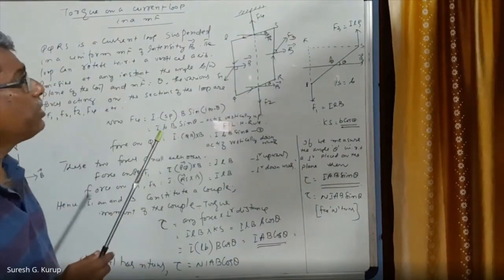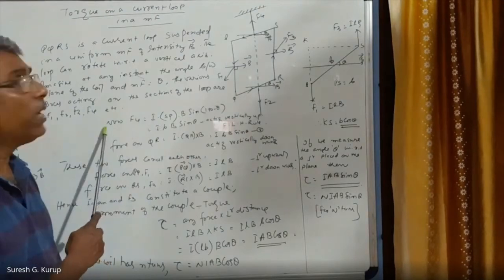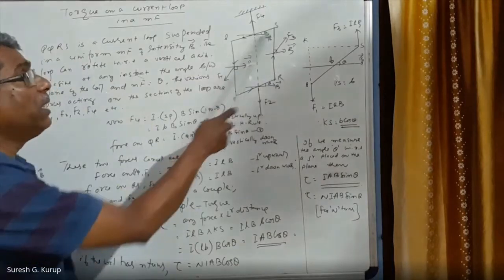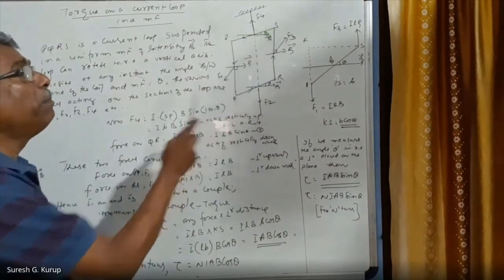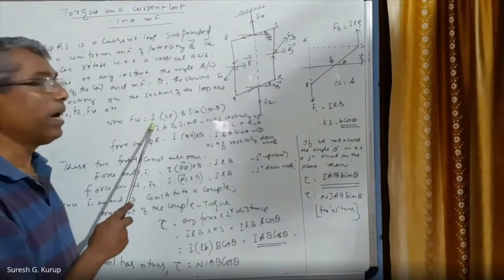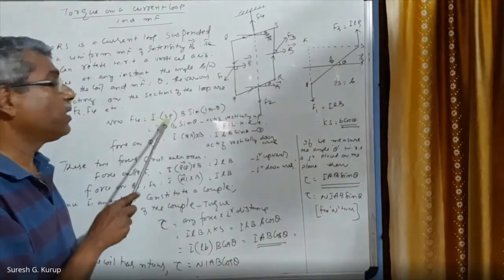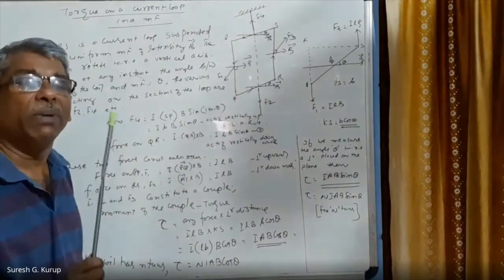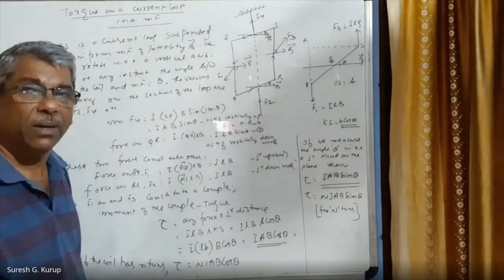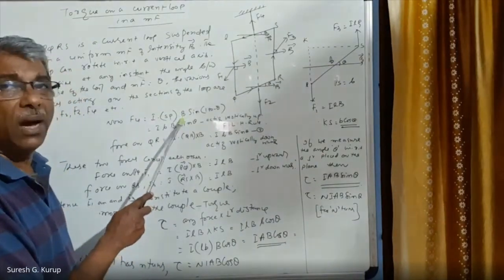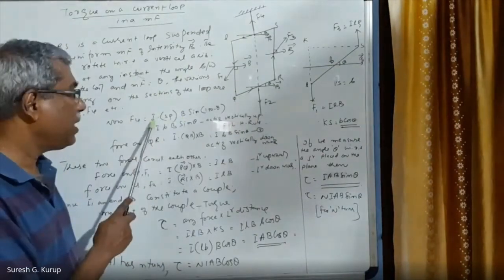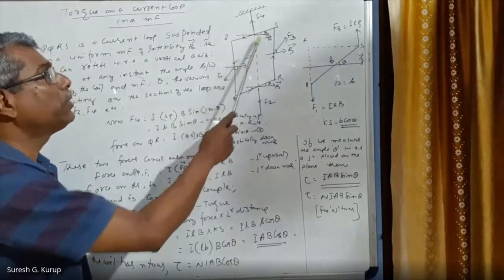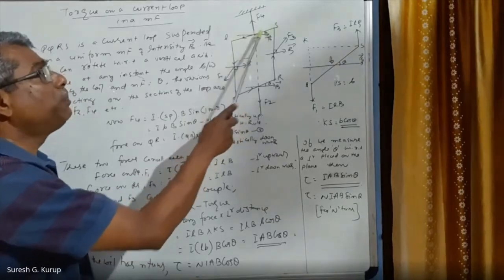Now let us consider the force F4. F4 is the force acting on the PS section, right? What is the current in that? That is I. What is the length of that section? That is SP, which is small b, because that is the breadth of the coil. So F = I L B sine theta. Am I correct? I, SP, B into sine of 180 minus theta is taken here, because the line SP makes an angle theta here.